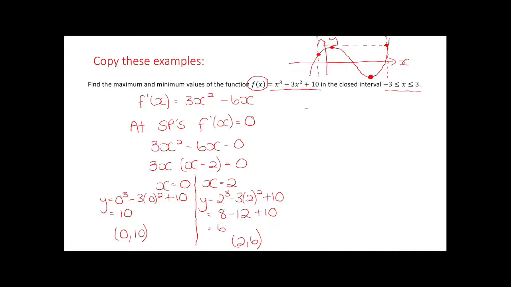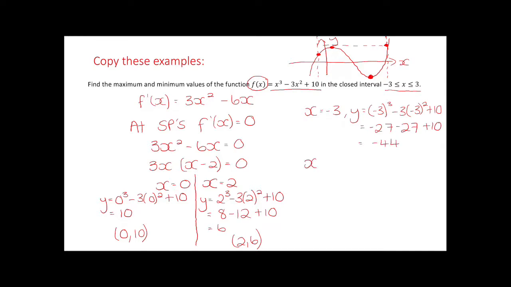So if x is equal to -3, where the graph is cut off, y is going to be equal to -3 cubed minus 3 times -3 squared plus 10. Working through that, so -3 cubed gives us -27, -3 squared gives us 9, times it by 3 gives us -27, and then we're adding on 10. So that's going to get us to -44.